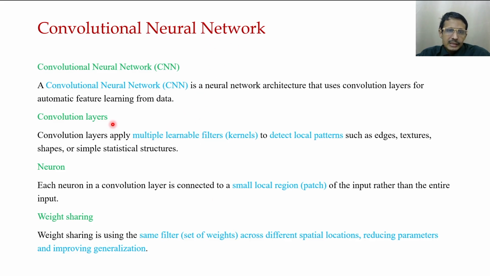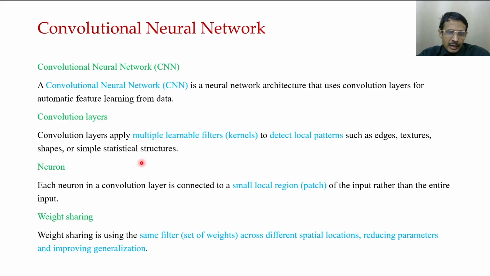First of all, these convolution layers apply multiple learnable filter kernels to detect or to model local patterns such as edges, texture, shapes or simple statistical structures. Initial layers model the simpler structures and the later layers the more complicated patterns.